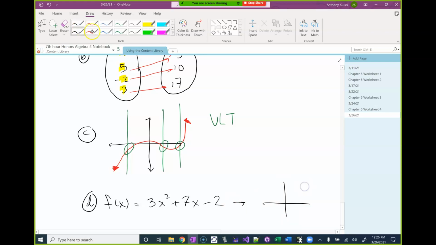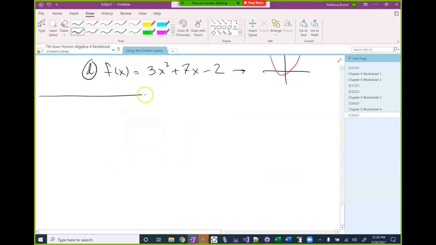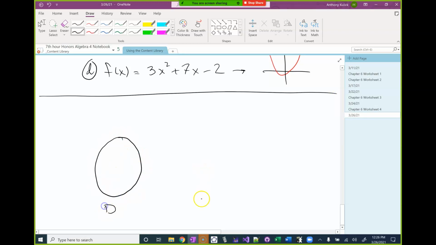One way to think about a function is like a map. I take something in the domain, I apply a function to it, and it turns into something in the range, right?